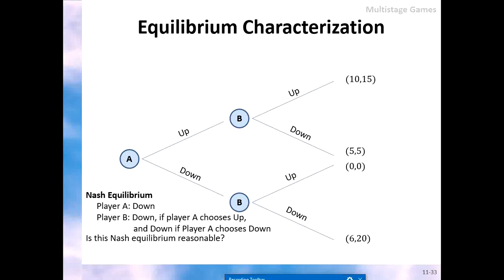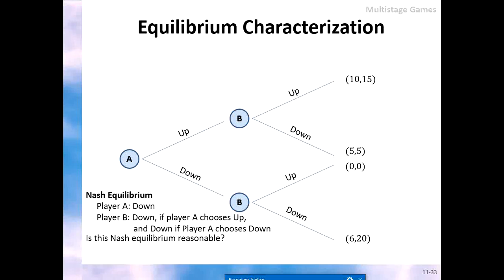Clearly, the best response by A to this strategy by B is up. Given that player A chooses up, player B has no incentive to change his strategy, and thus we have another Nash equilibrium. In this Nash equilibrium, player A earns 10 and player B earns 15.